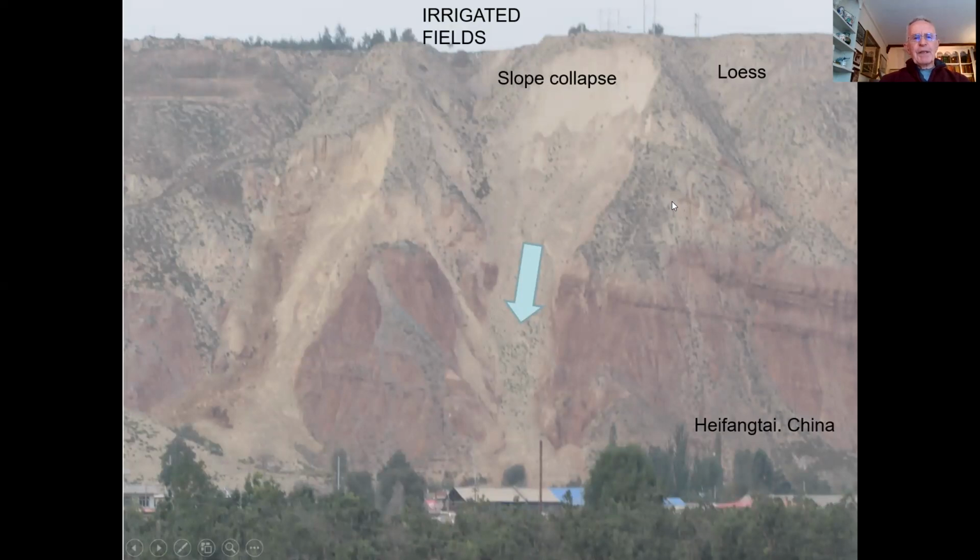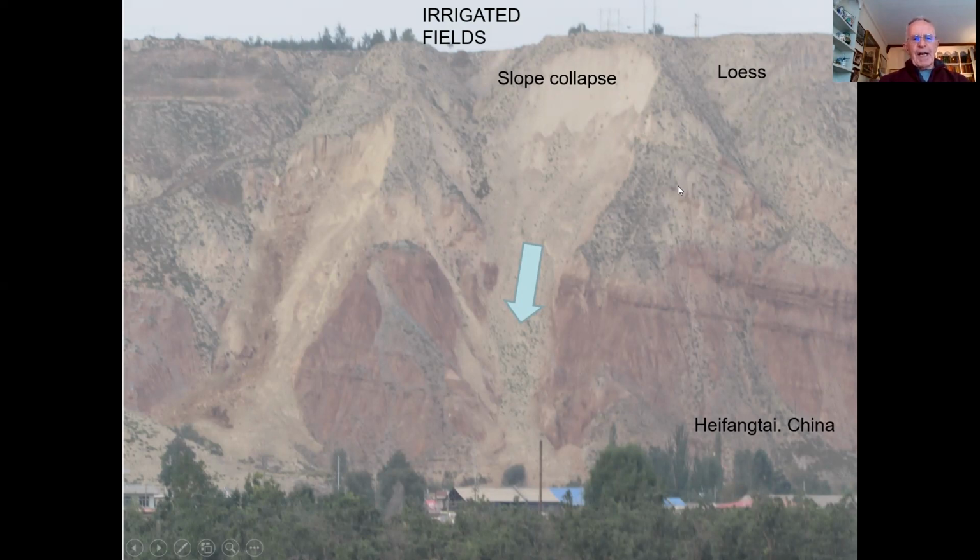And in this particular case, the farmers have irrigated fields on the top of the plateau, which is composed of the loess. And the water from the irrigated fields gets into the loess, which is a very weak and feeble sort of material, causing slope collapse.